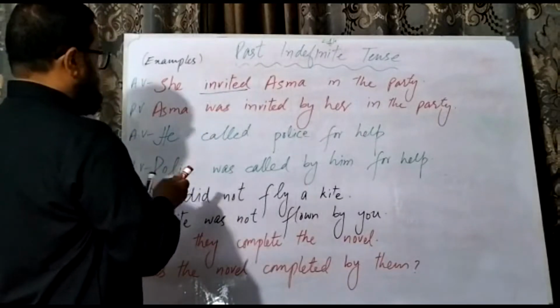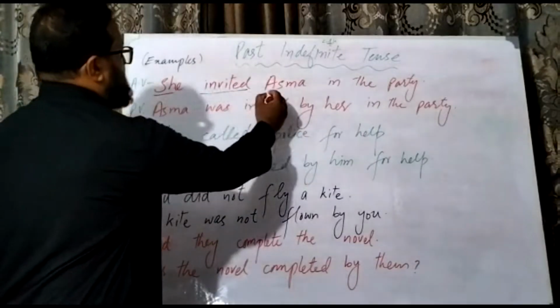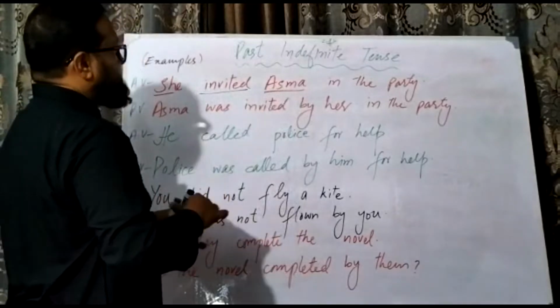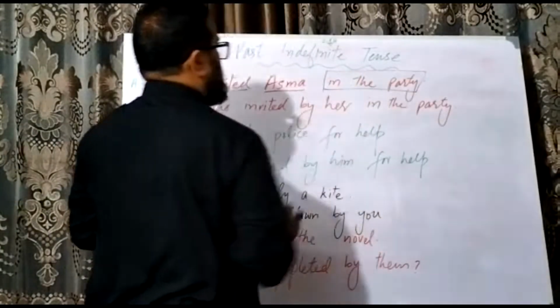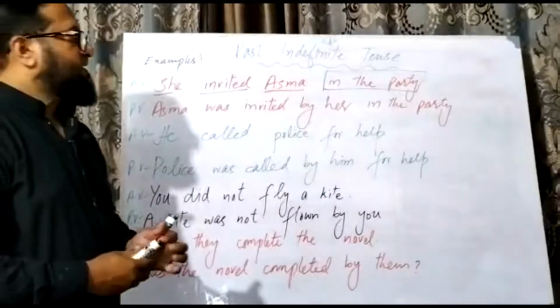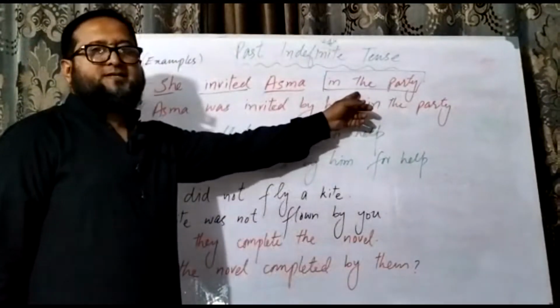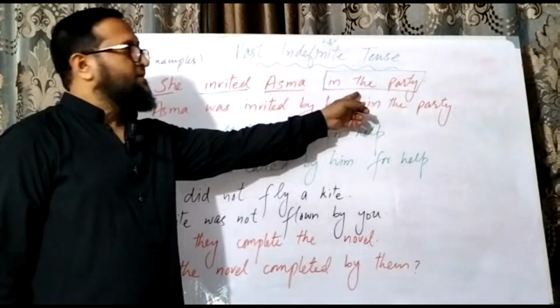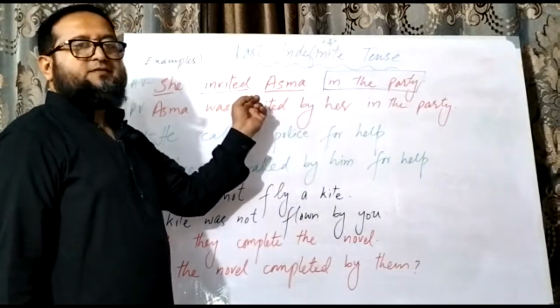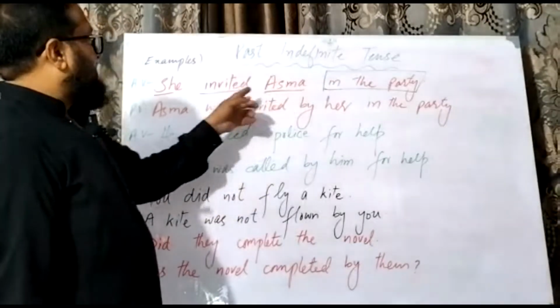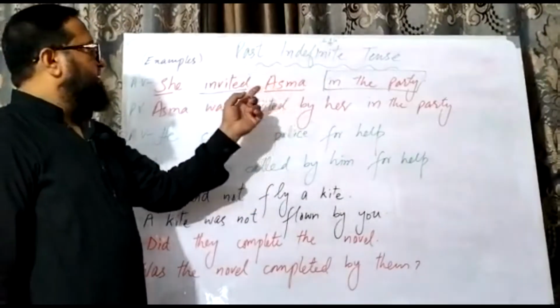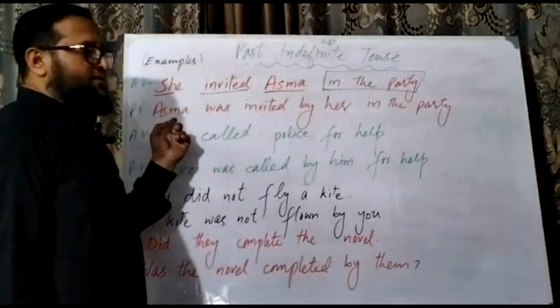Here is the subject, here is the object, and this is a phrase beginning with a preposition. So you must remember that this part cannot be considered an object. The object must be there just after the verb most of the time. So Asma will become the object, and the object will come over here.